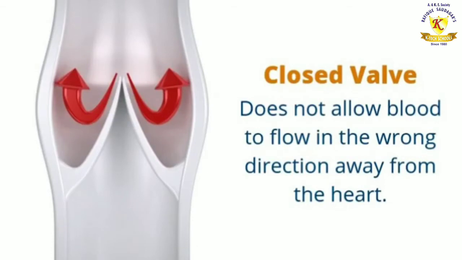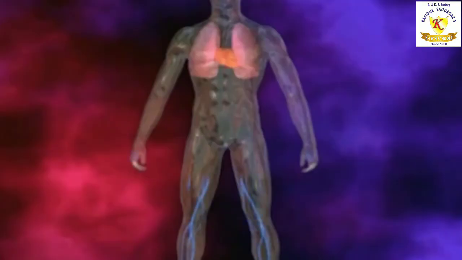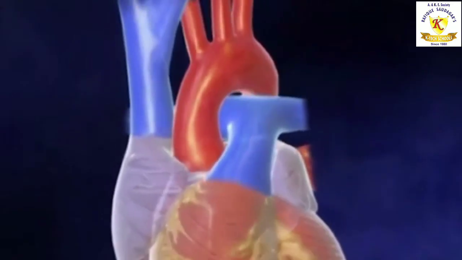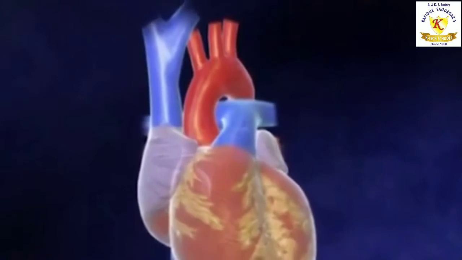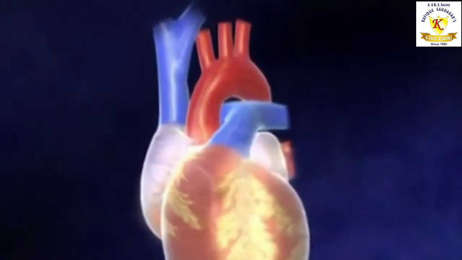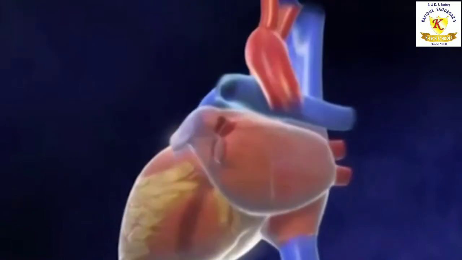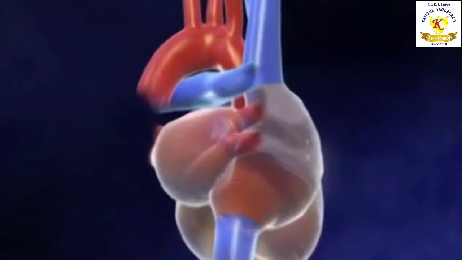Veins have valves that close and do not allow blood to flow in the wrong direction away from the heart. Veins carry blood from all parts of the body to the heart. So children, this is how our blood circulatory system works. Isn't it interesting? I hope you all have understood this.